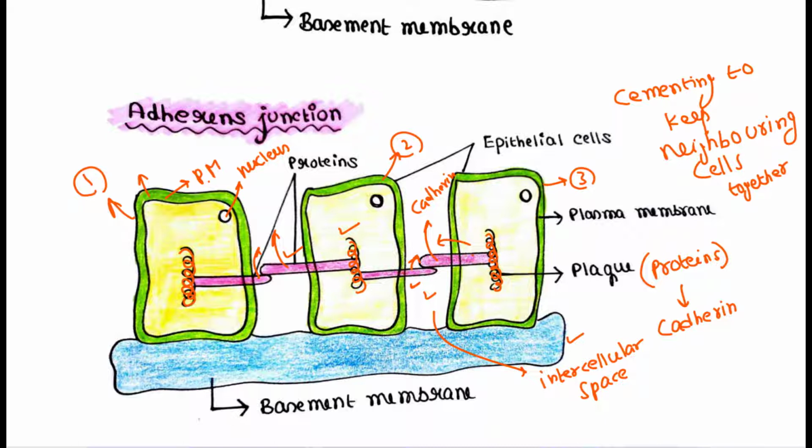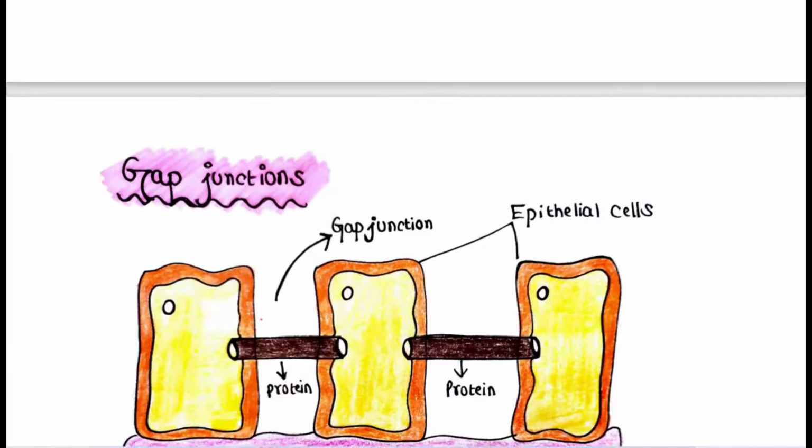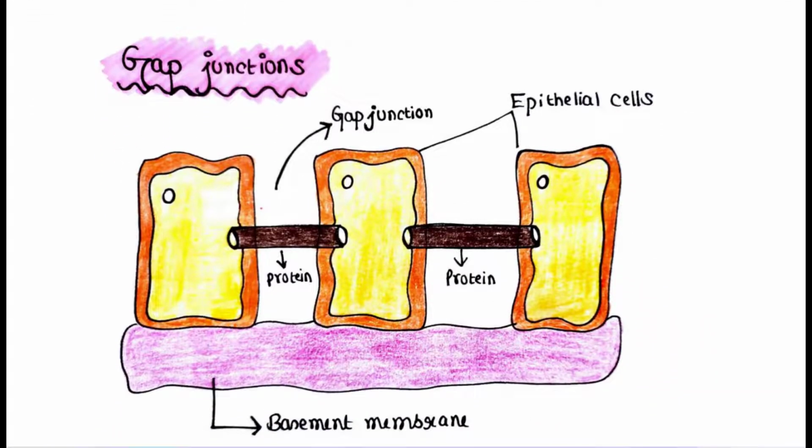Okay, let's talk about gap junctions now. The name is gap because you can see a gap between these cells. This is cell 1, this is cell 2, this is cell 3. Again, they all are epithelial cells found above the basement membrane.